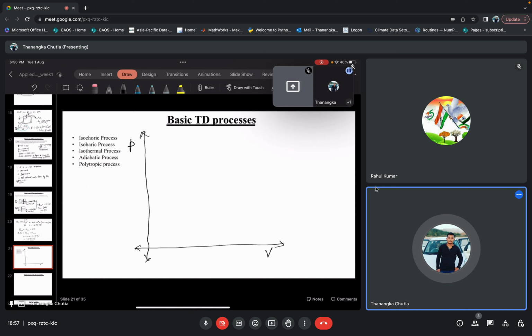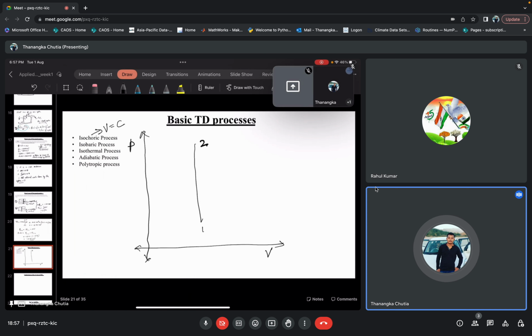In an isochoric process, V equals constant, so it will basically be a vertical line. This is 1 to 2, my isochoric process.